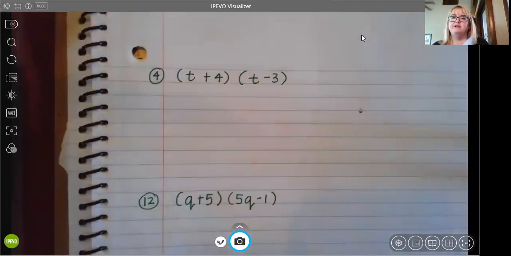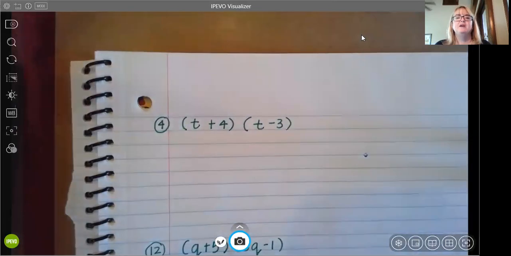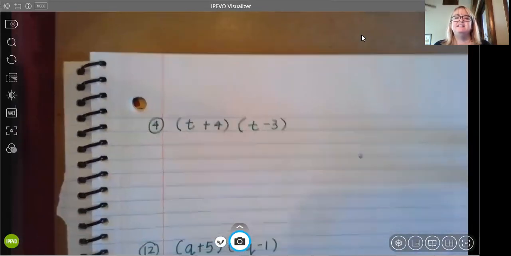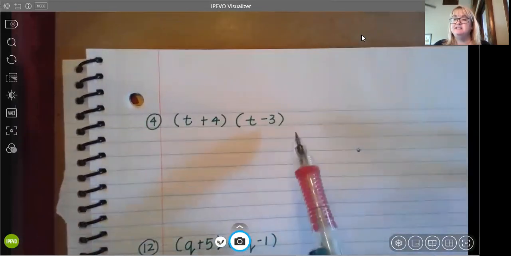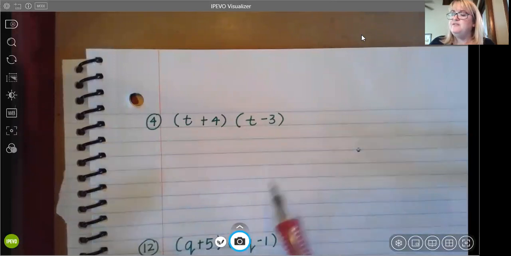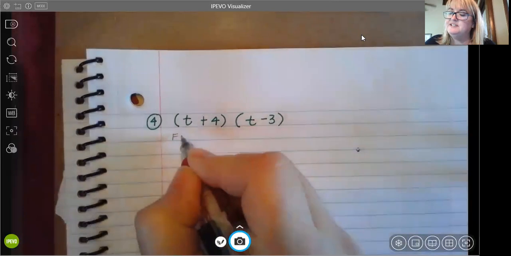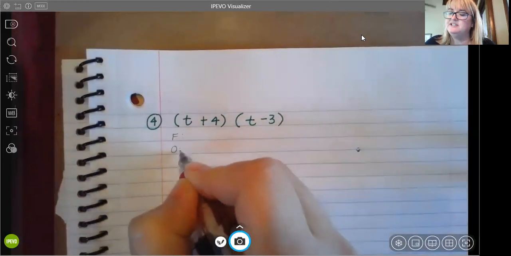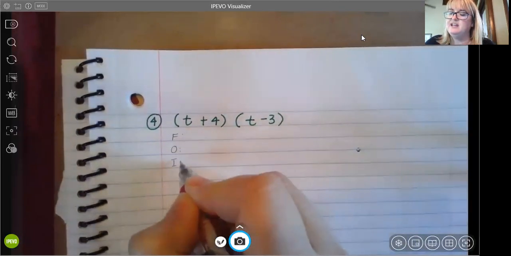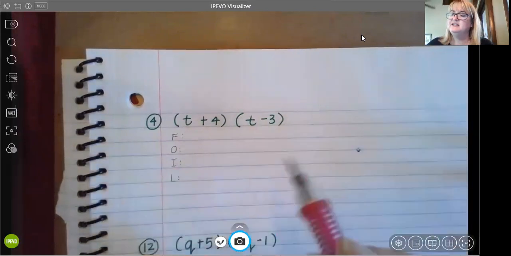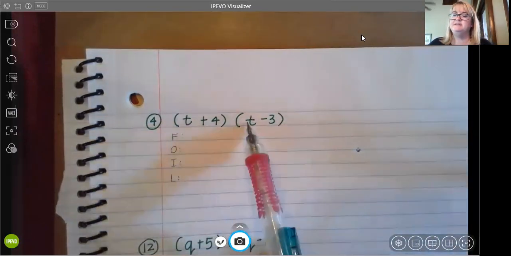The first one I want to look at is number 4. Number 4 is t plus 4 times t minus 3. And if you want to use FOIL, F stands for the first, O stands for the outer, I stands for the inner, L stands for the last. So the first terms are t times t.